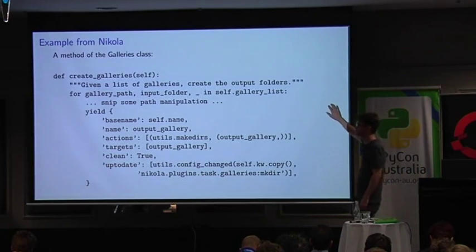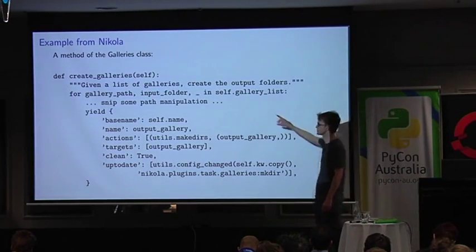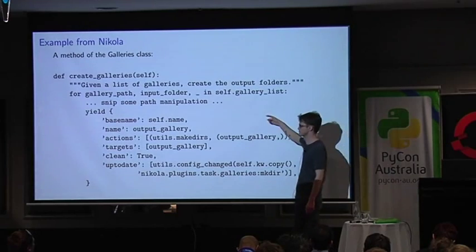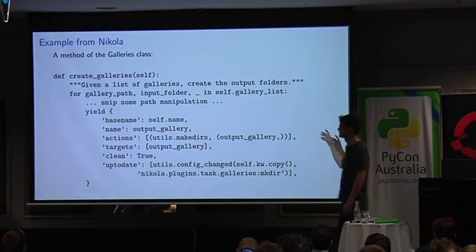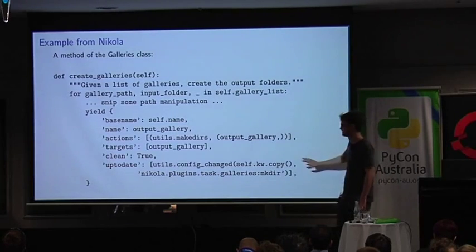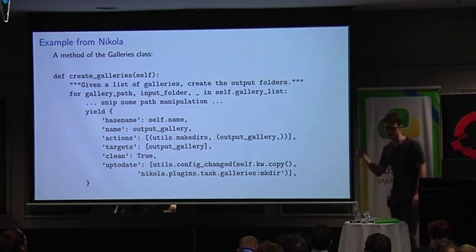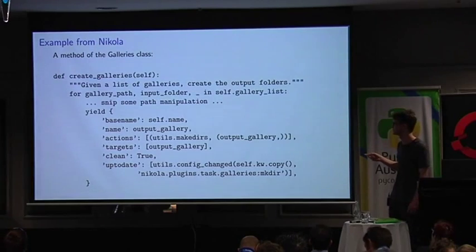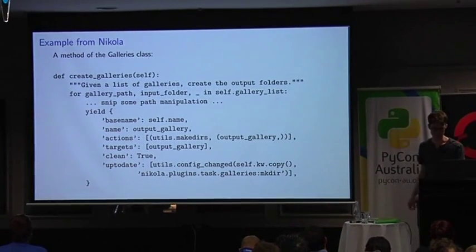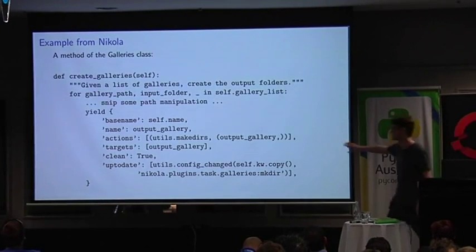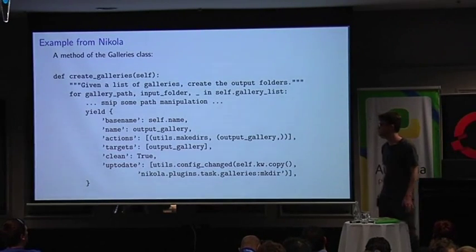It has a bunch of plugins that do something like this. So create galleries just creates a bunch of tasks for each gallery you have defined in your website. This is an example of programmatically generating all of the bits and pieces you need for your website. Nikola does this so that you don't need to regenerate the whole thing at once, just the little bits that have changed. And the little bits that have changed are specified by all of the tasks coming out of this.